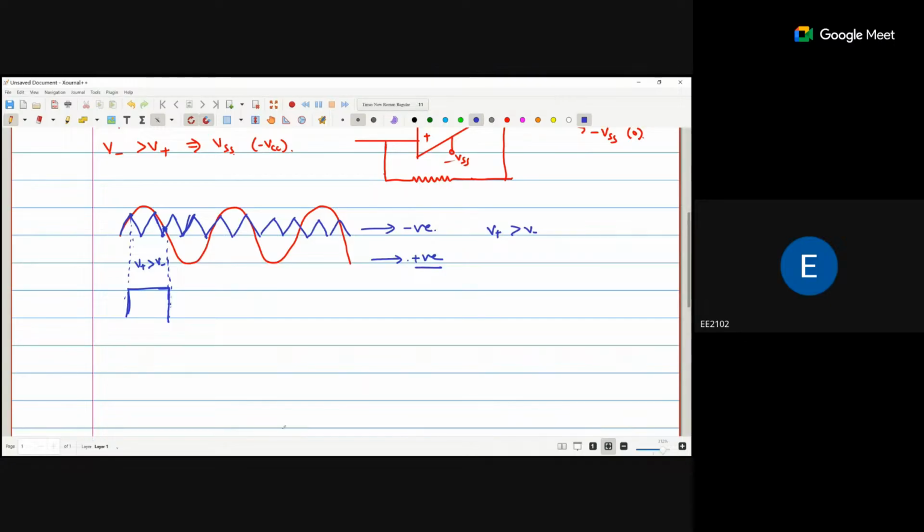Now from this duration to this duration, your sinusoidal signal is lesser than the ramp signal. So that means the negative signal voltage is greater than the positive signal voltage. So we are getting a 0. Now again from this point to this point, the positive signal voltage is greater than the negative signal voltage.